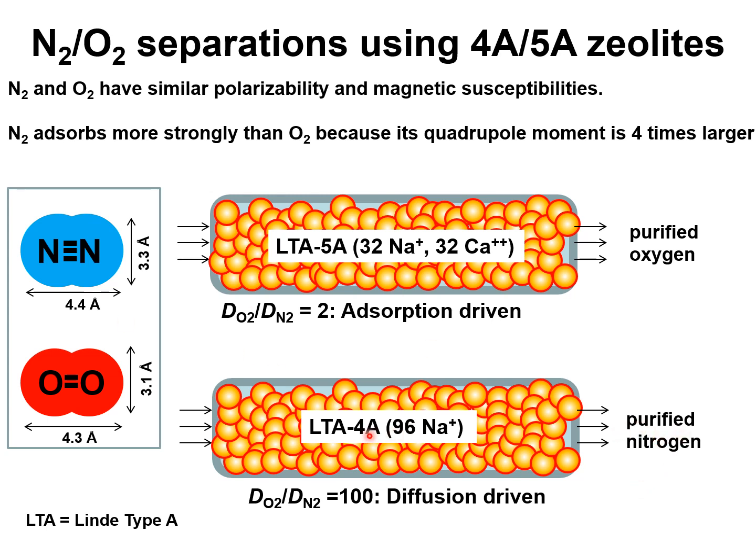This is how we exploit the window blocking phenomena to make either purified oxygen or purified nitrogen. Both are used in industrial practice.